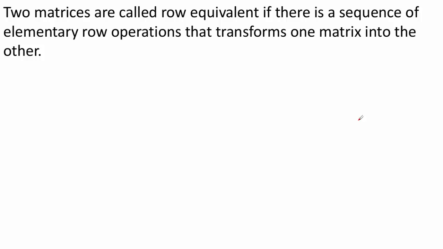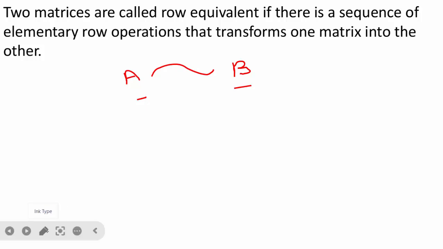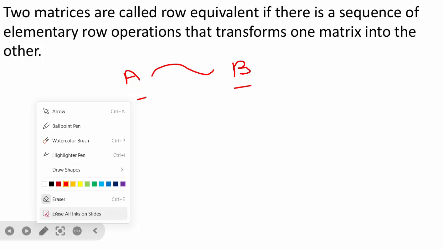Suppose A is a matrix and if we apply some elementary row operations, that means any of the three operations, and we obtain the matrix B, then A and B are called row equivalent matrices.